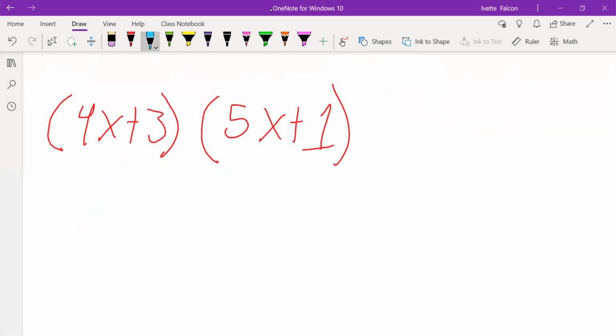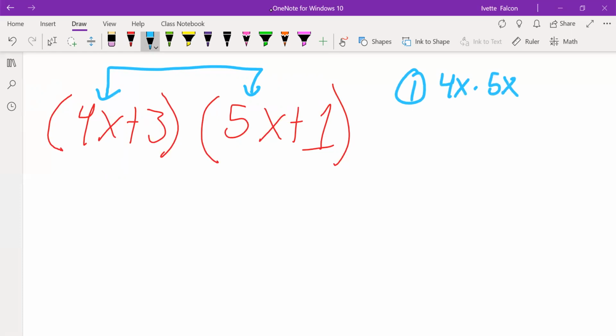So we're going to start by multiplying the first by the first. The first one in my first parentheses by the first one in my second parentheses. So that's going to be 4x times 5x.